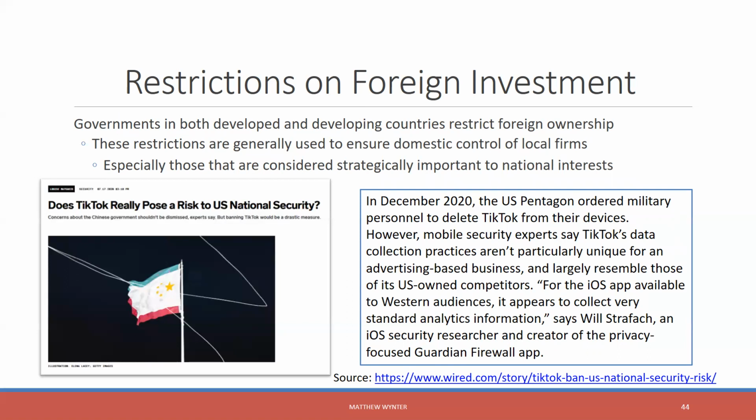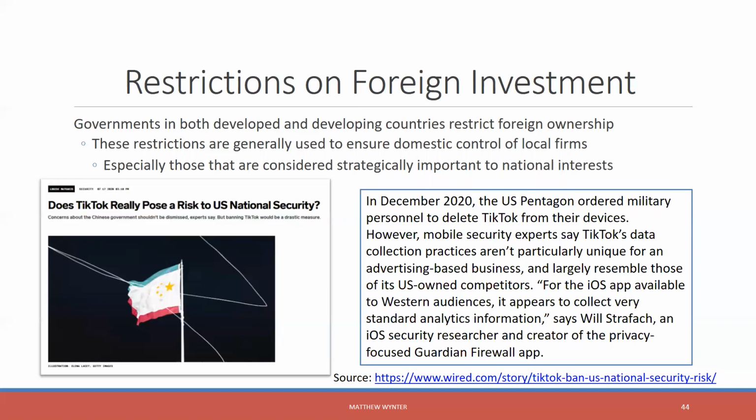Here's a very recent example. So the restrictions are generally used to ensure domestic control of local firms, especially those that are considered strategically important for national interests. An example that I just keep coming back to is TikTok.